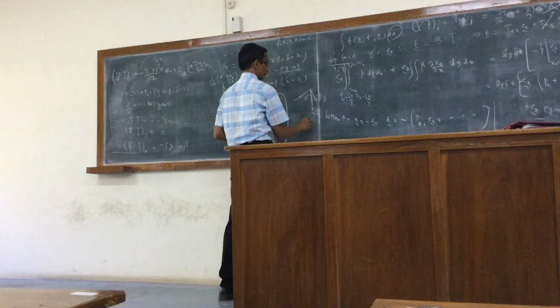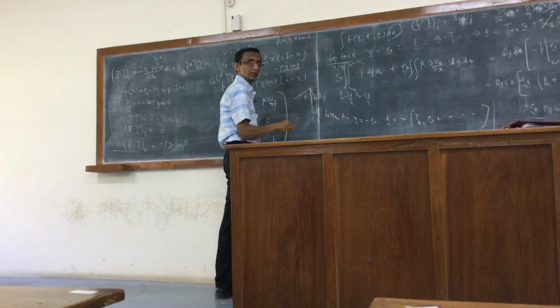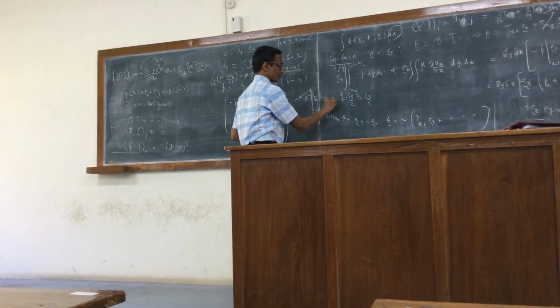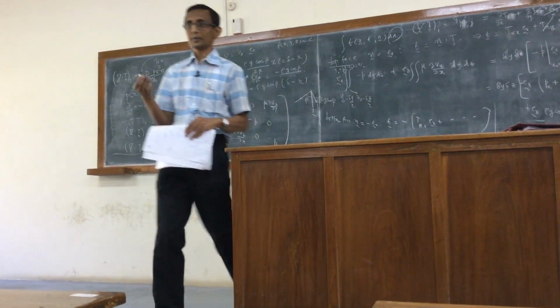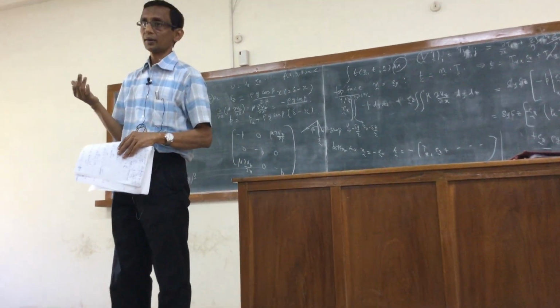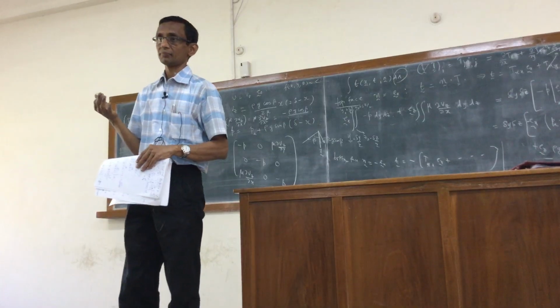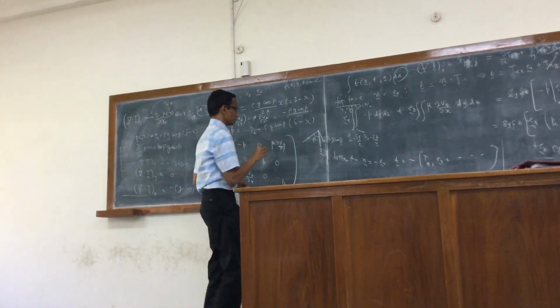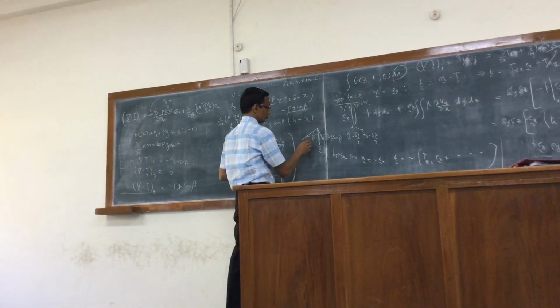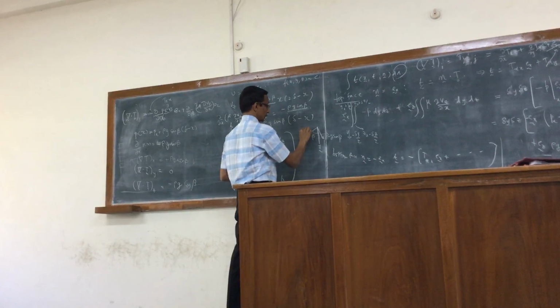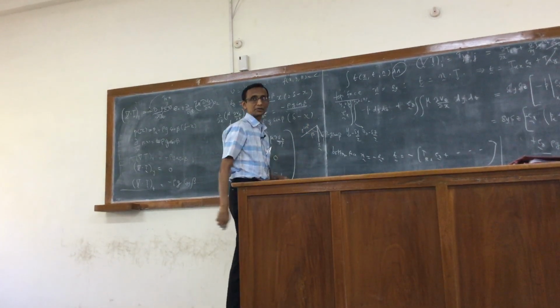We have already seen this. We have written the body force components in the 2 directions. X and Z only will come into play. So this is g cos beta along the Z direction.